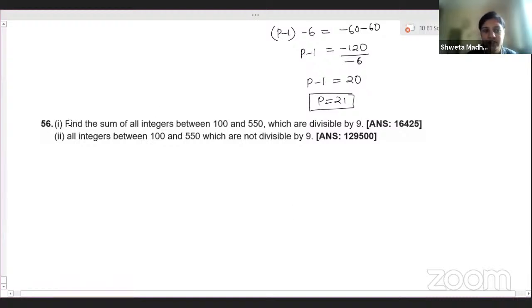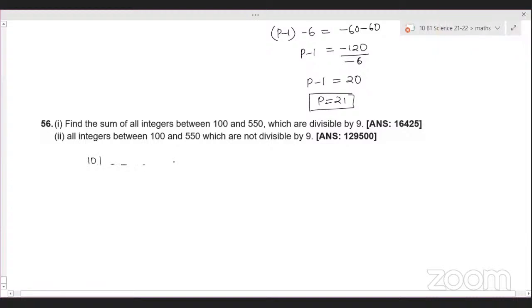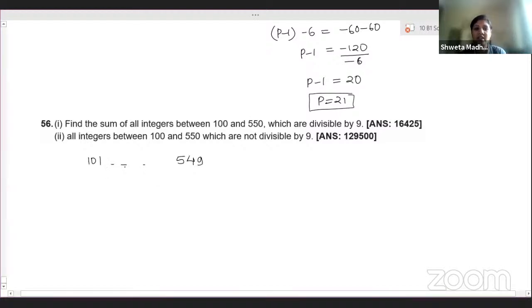So you have to find the sum of all integers between 100 and 550. That means the numbers start from 101 till 549. Now in these numbers, we have to find the numbers divisible by 9.